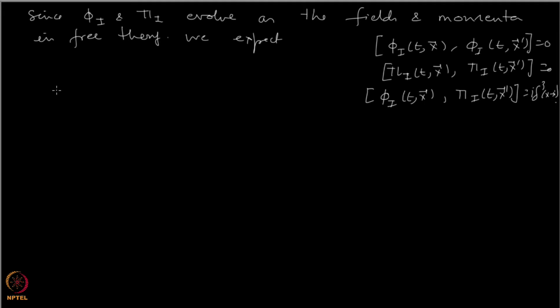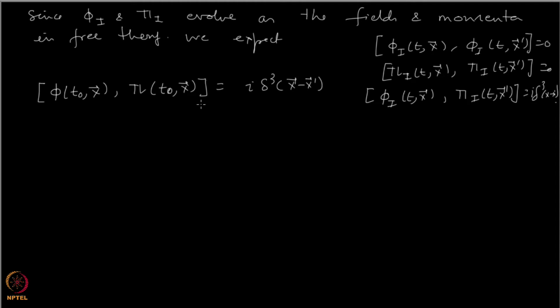I start with the field phi at t naught, x and pi at t naught, x. These are the operators in the full theory, and this is an equal time commutation relation, and it has to be this, because that's how we quantize our theory.